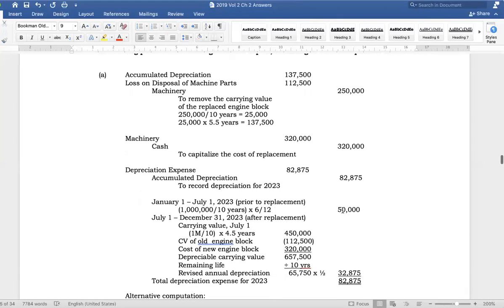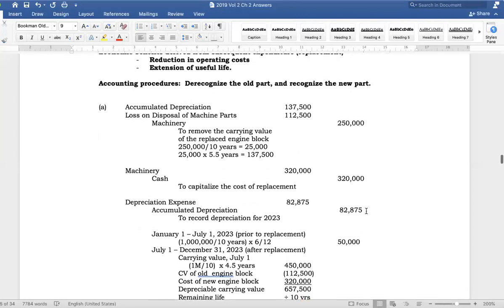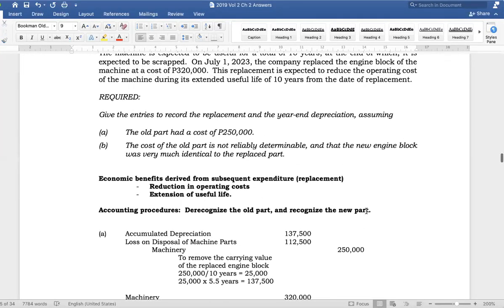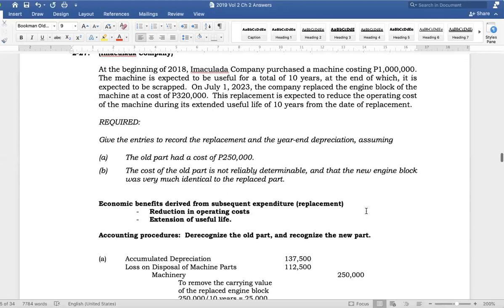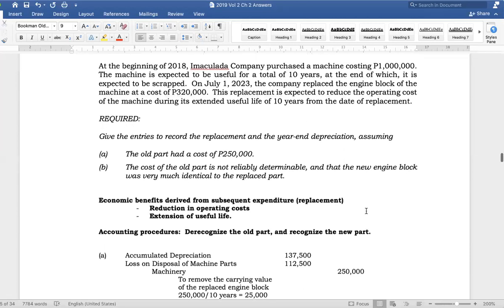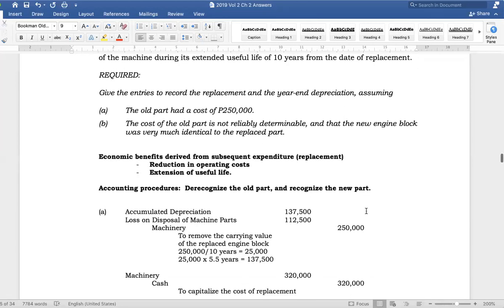That's 50,000. This is the depreciation for the entire machine for the first half of the year 2023. So we are depreciating the machine for half year, including the old part, 1 million.